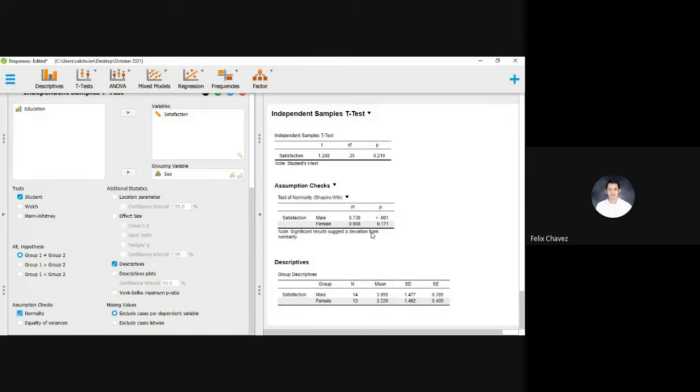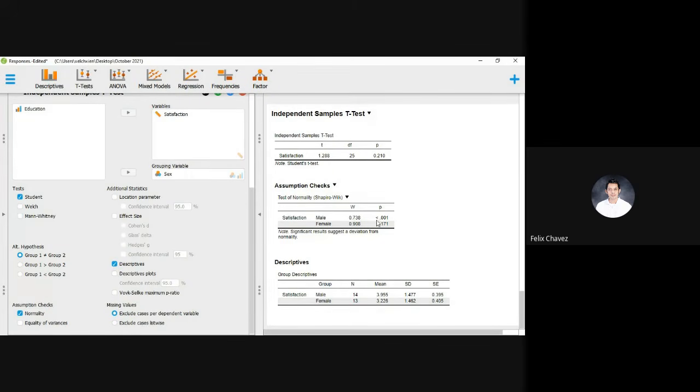I mentioned a while ago that because we have a small sample size, there could be a problem on normal distribution. In that particular case, supposedly we cannot use the independent t-test because there is a group having a significant Shapiro-Wilk test. The male is 0.001. It's less than 0.05. That would mean it's significant, then there is a deviation from normality.